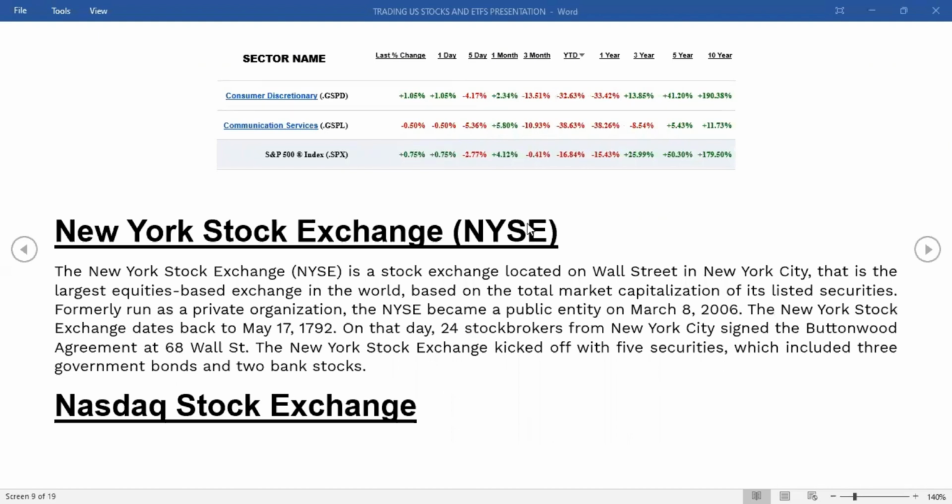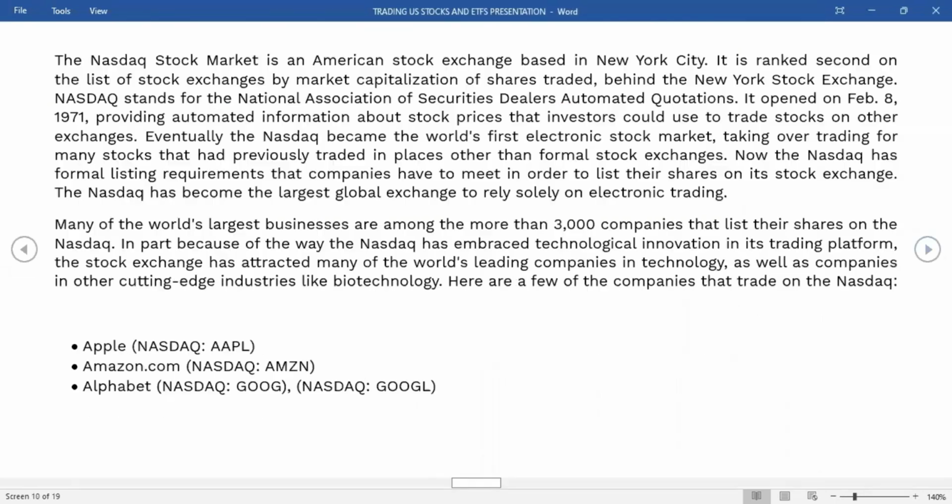Initially the stock exchange was run as a private organization, but eventually it became a public entity in 2006. So it has existed for quite some time, since 1792. But I think in 2006, that's when it became a public entity.